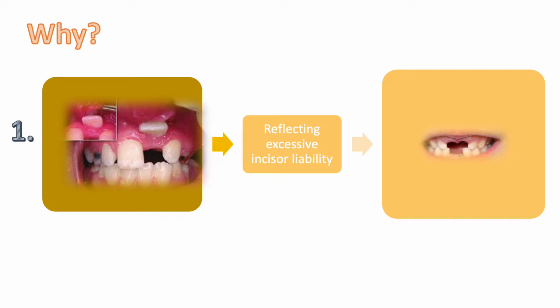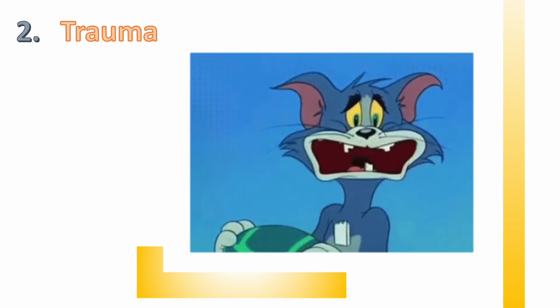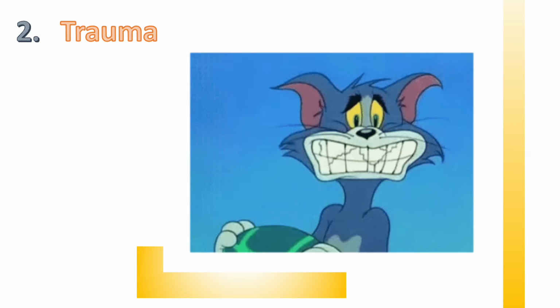Then the second situation can be because of trauma, because children are usually running and actively involved in sports, and otherwise also because of their activity they tend to fall, specifically injuring the anterior teeth, and more specifically the upper front teeth.